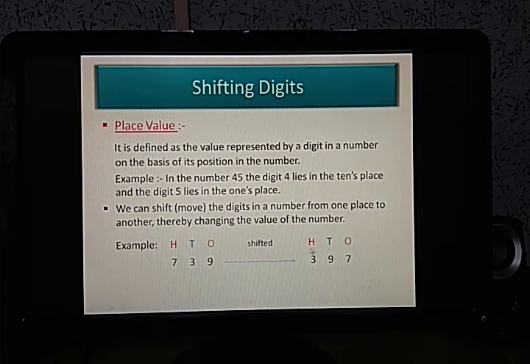So we can see here the number has totally changed. It was 739, now it is changed to 397. So this is simple, I guess. Now moving on. In this way we can shift the digits, and by shifting the place values of the digits, the value of the number changes.